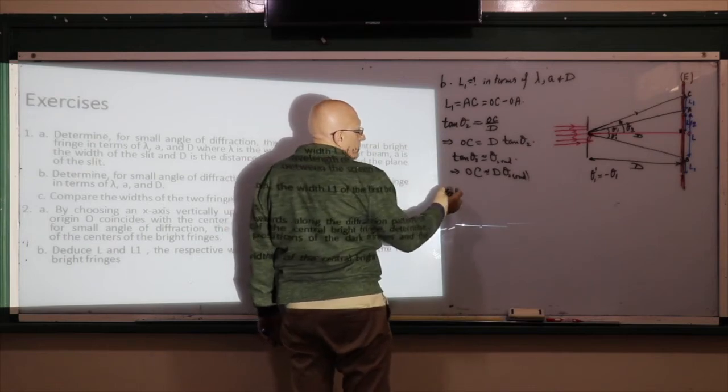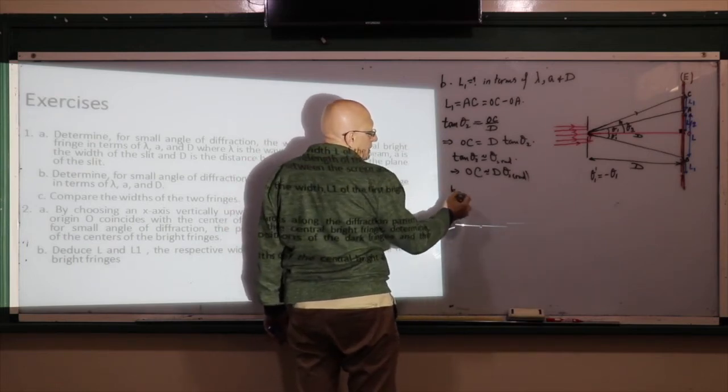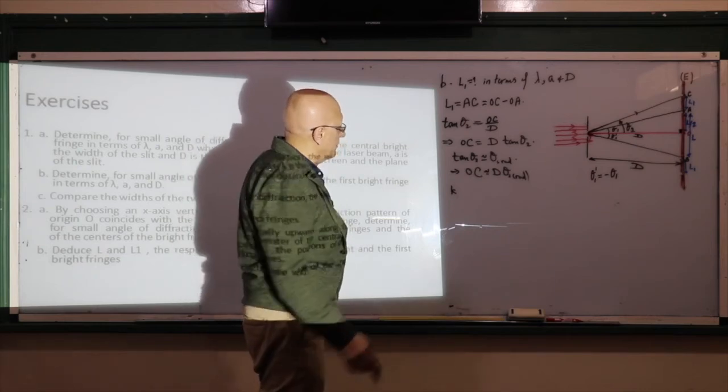And theta 2 can be calculated from the previous formula, the angular position for dark fringes.